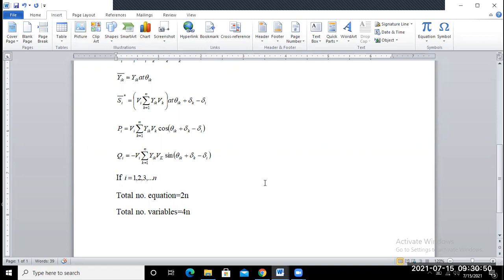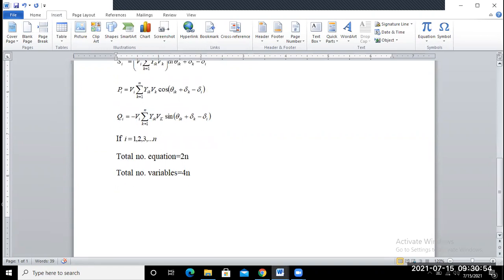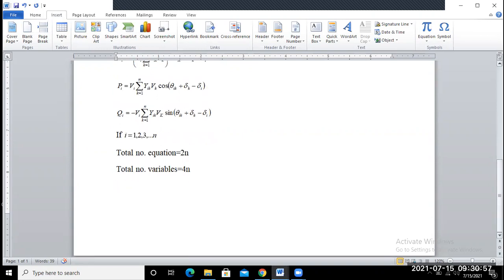We already defined the various types of buses and which are known and which are specified parameters. In an n-bus system, we choose one bus as the slack bus, and the remaining buses, that means 2 to n, are PQ buses. In this case, we are not going to include PV buses in our system.